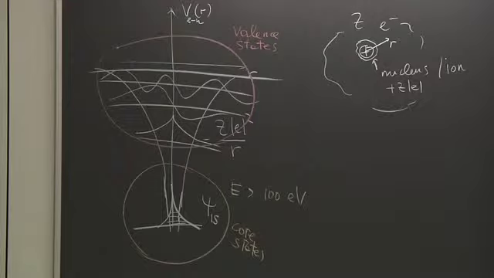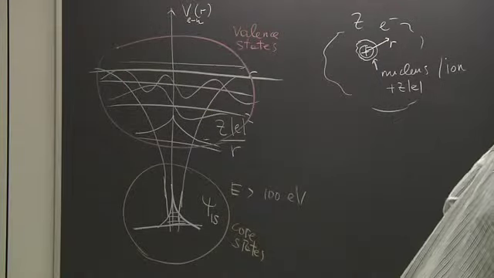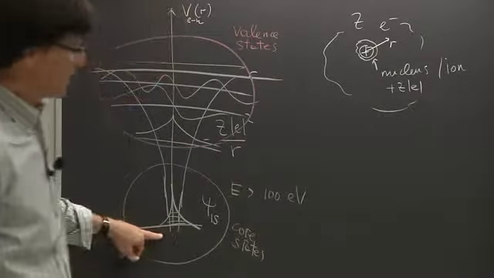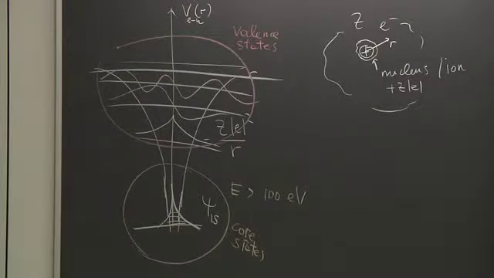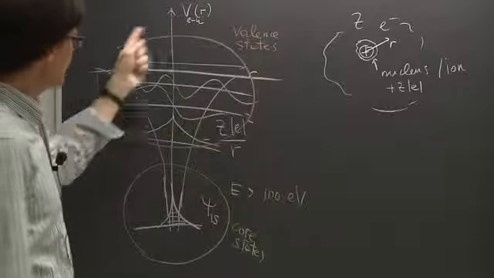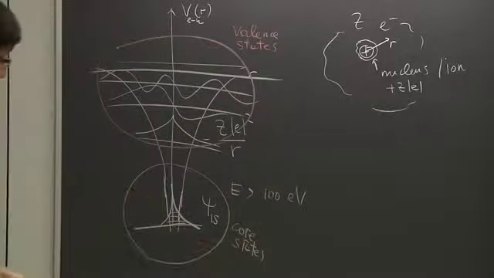Actually, something interesting can be extracted out of these considerations. If these states are irrelevant and they are very localized, and if we're only interested in valence states, suppose you are a valence state electron extended in space.